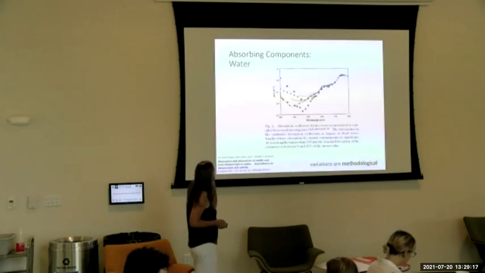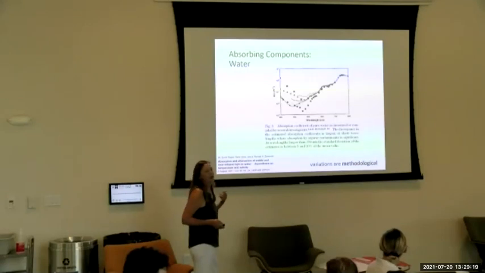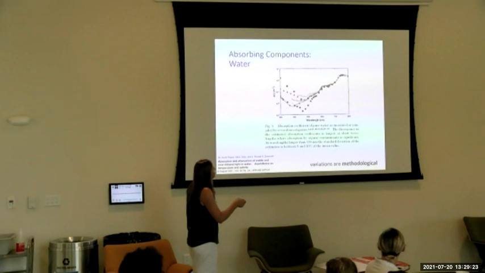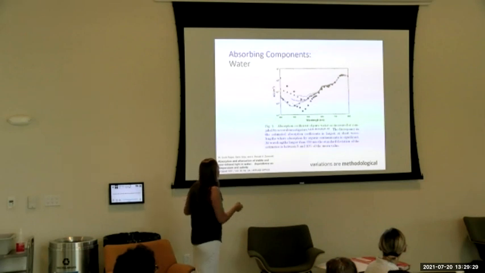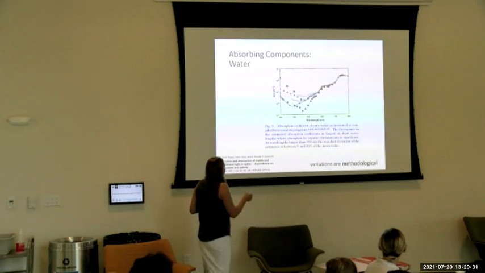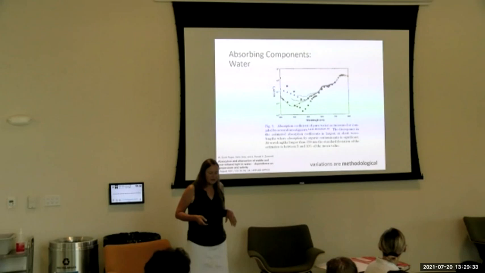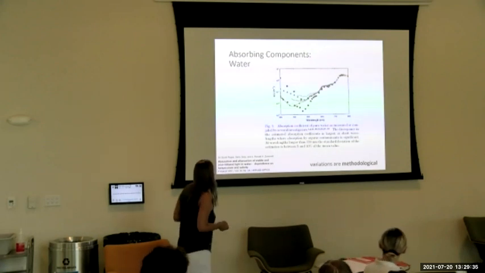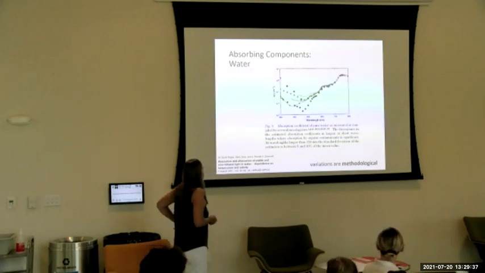This was from a very early paper, people trying to actually figure out what the absorption by pure water was, and they do a really good job here because the signal's so high, but as soon as you get into blue, these are all some of the original measurements. I think we have a pretty good handle on it now, but all those variations were methodological.